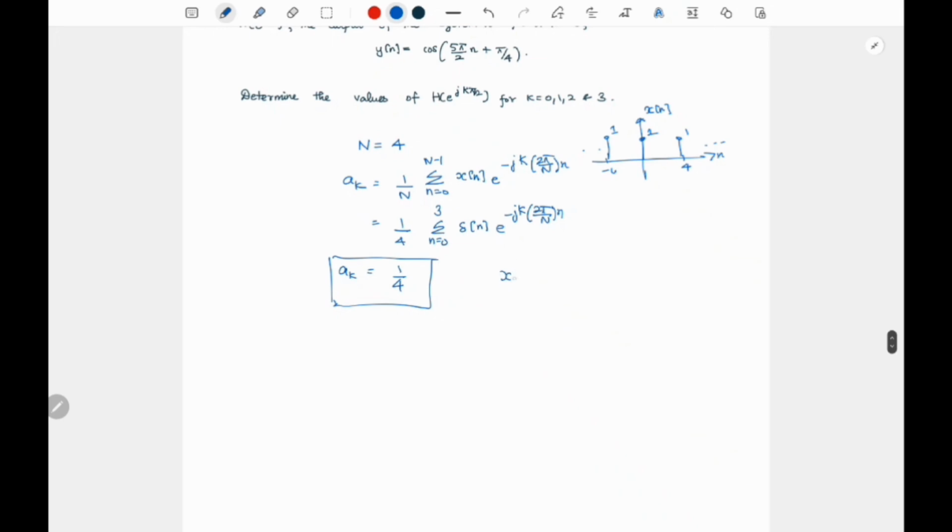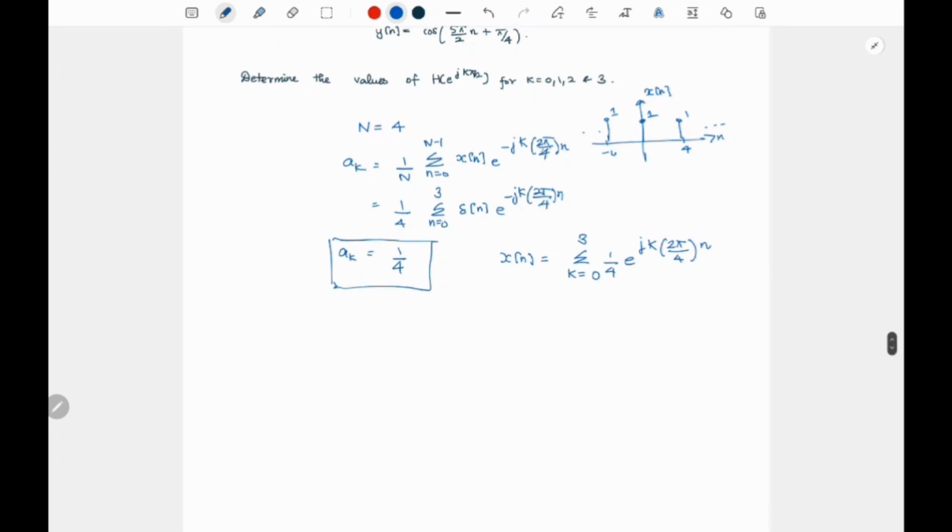So now I can represent x of n as summation k equal to 0 to 3, 1 by 4 e power j k into 2 pi over n, here n is 4, into n. So here also it is 4. Okay. So this is my x of n.